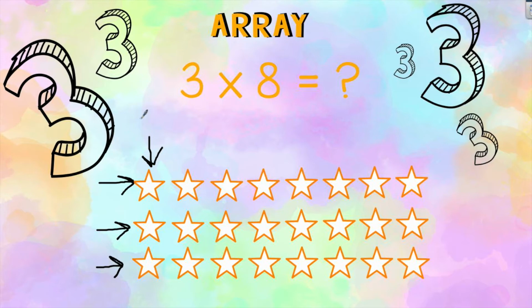So in the first column, I have 3 stars. In the second column, I have 3 more stars, so 3 plus 3 equals 6.